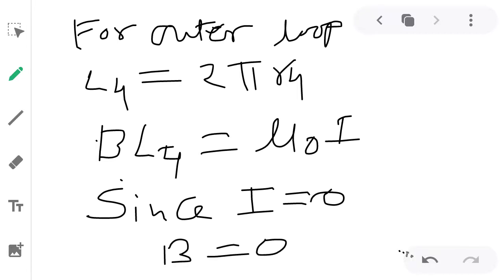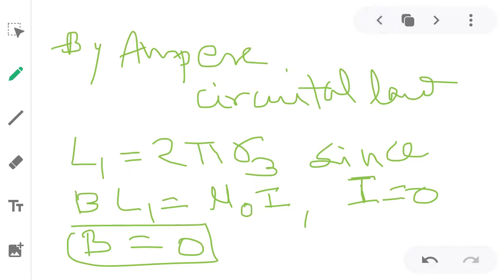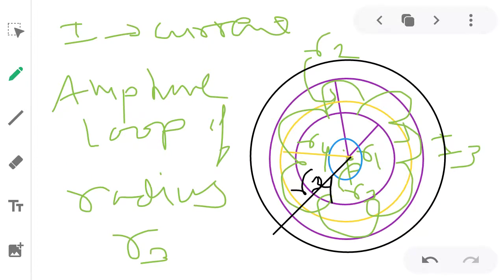So from this it is very clear that the magnetic field is only present inside the toroidal, within the yellow loop, not in any other loop.